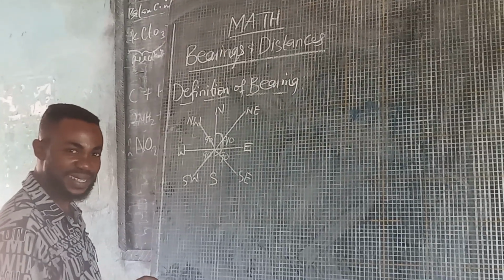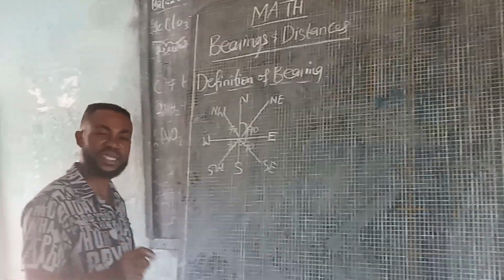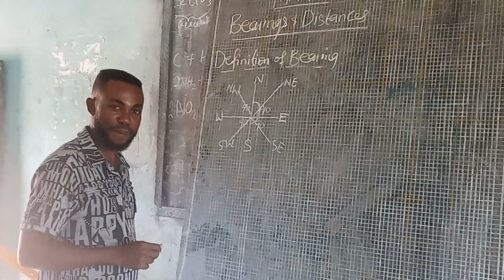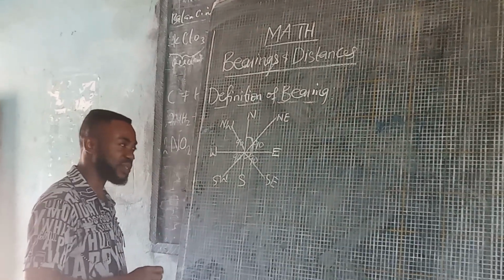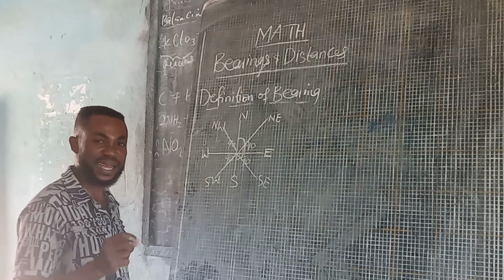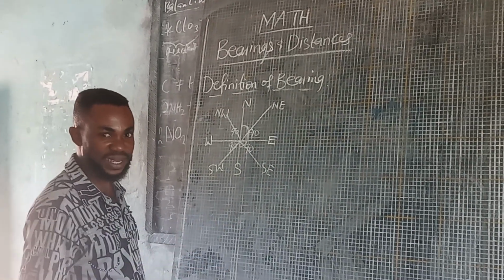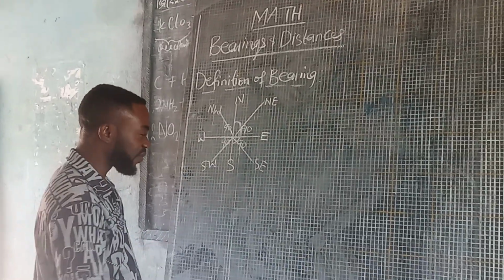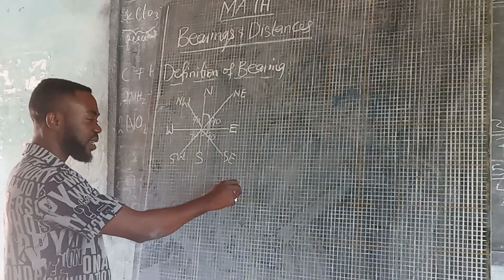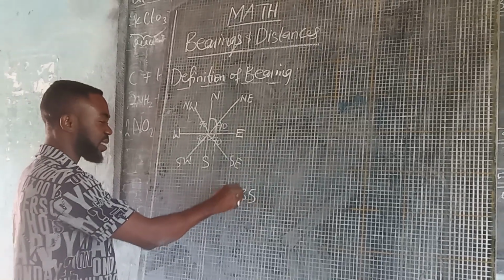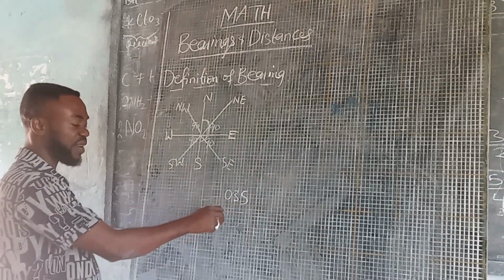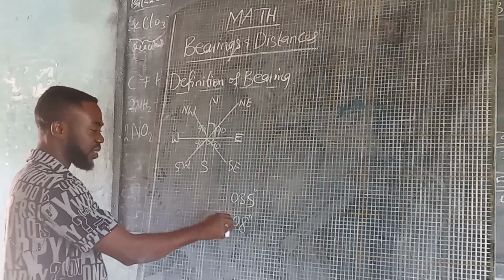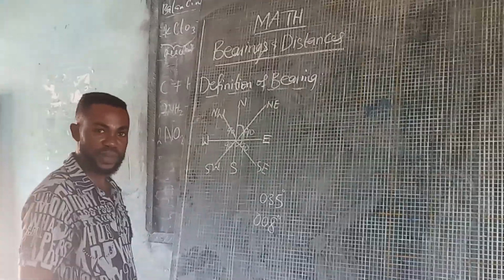Hence, 360 degrees is the maximum possible bearing you can measure. And bearings are expressed in 3 digits. For example, if you have a bearing of 35 degrees, you add 0 to make it 3 digits. If you have a bearing of 8 degrees, you write 008.